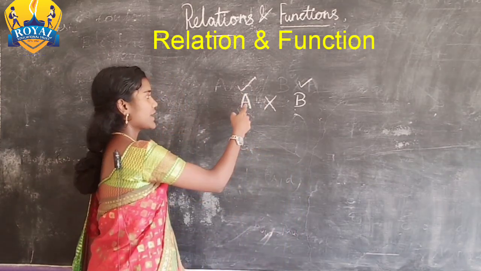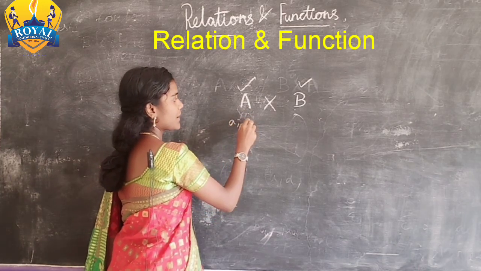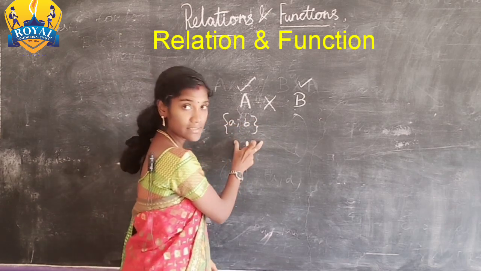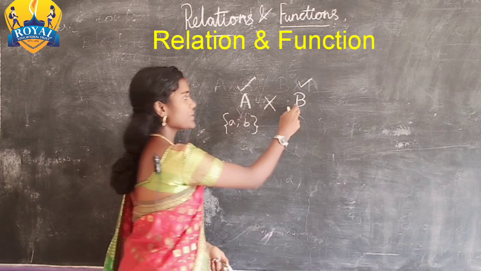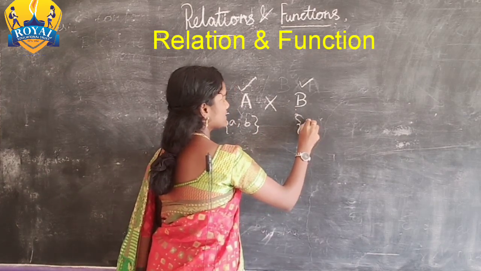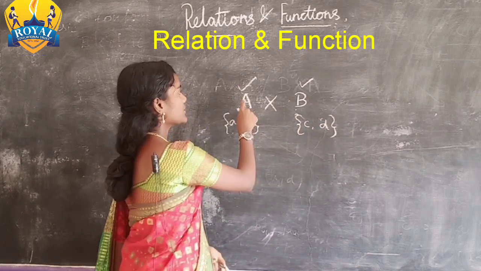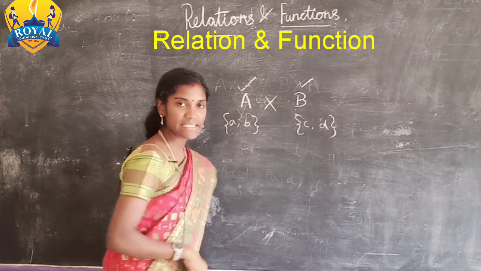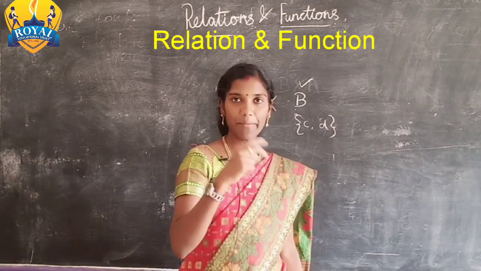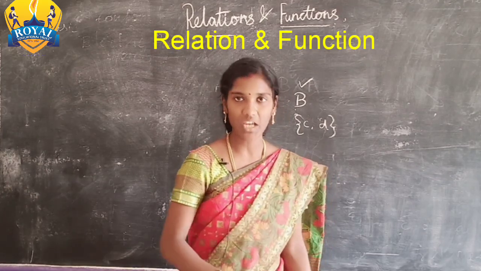Here A has the group of elements A, B. I'll write it in set brackets. B has the group of elements C, D. If the two non-empty sets combine together, they make ordered pairs. These ordered pairs are called the Cartesian product.